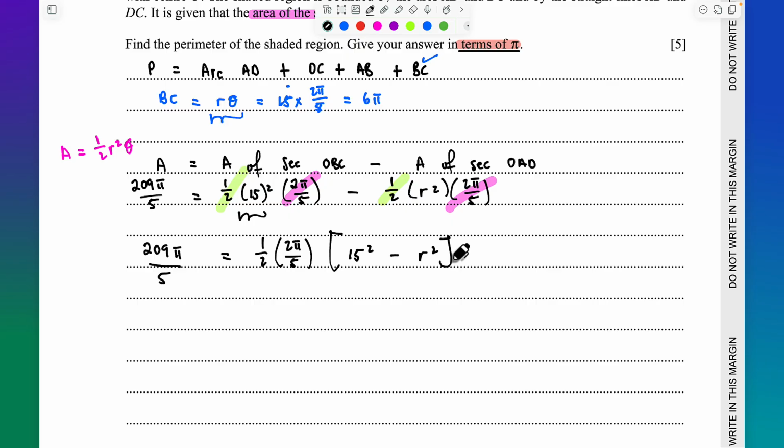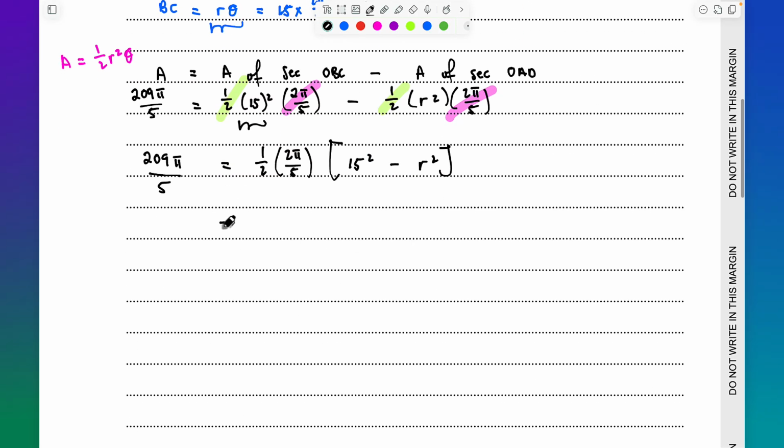Now we can very cleanly divide this side by half, 2 pi over 5. But whatever we do to this side, we have to do to that side, so we divide this side by half, 2 pi over 5 as well.